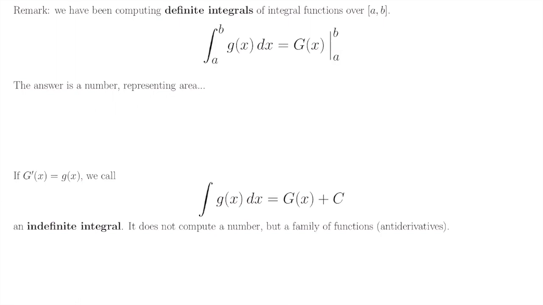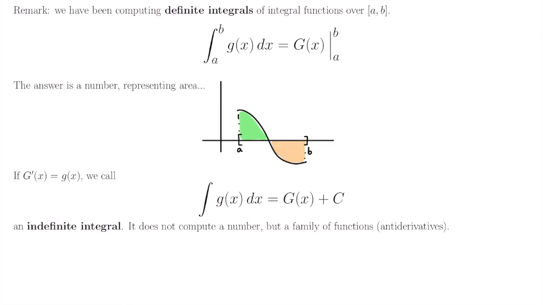So far in this course, every integral we've done has been what's called a definite integral. Given some function little g of x dx from a to b, if the Riemann integral of this function exists, then it equals a number. And that number represents some area between the graph of y equals g of x and the x-axis.